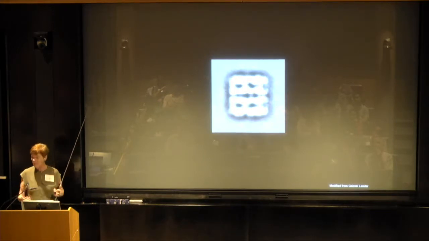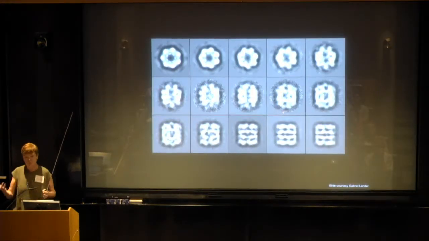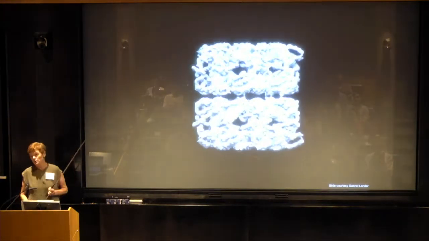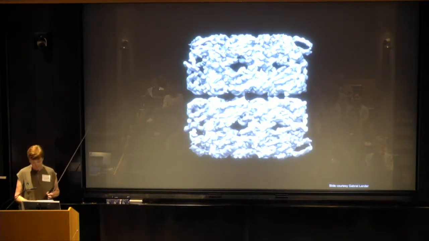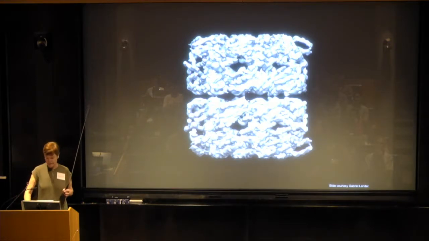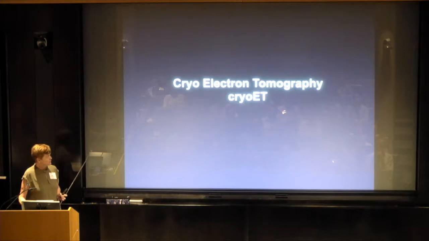Of course, it's never quite good enough, but it gets better every year. If we can do that for one view, we can do it for all the other projection views. And as everybody understands, if we have many projection views of a three-dimensional object, we can get the object back, essentially using tomographic methods. So that's, in the simplest way you can think about it, single particle microscopy.